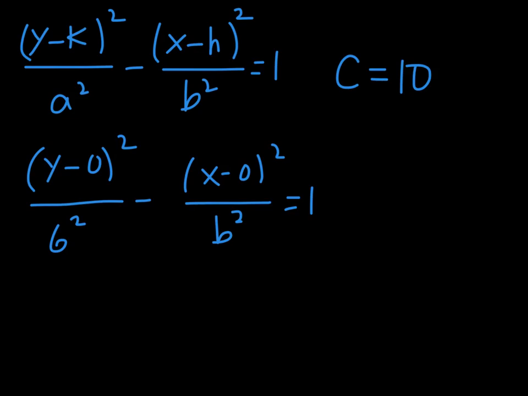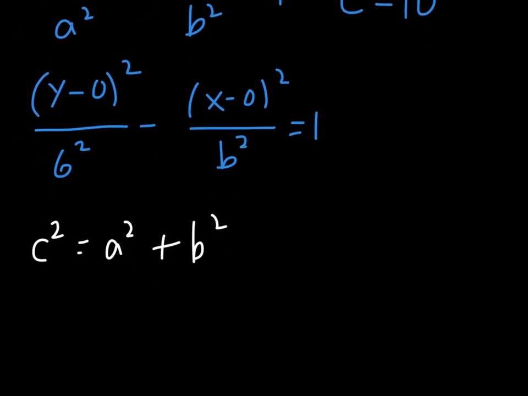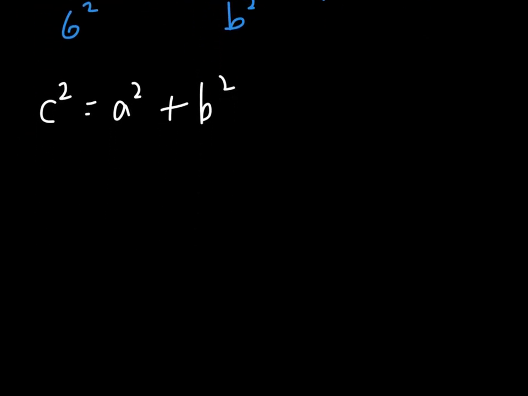So let's find b. Do you remember the relationship for a hyperbola? It's c squared is equal to a squared plus b squared. So plugging everything in, we would have 10 squared is equal to a squared, which is 6 squared, right?